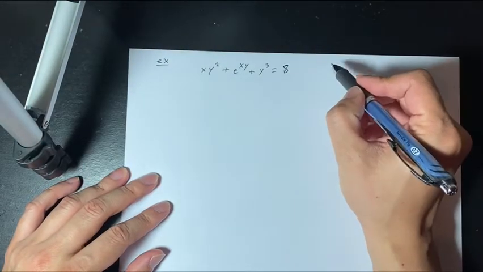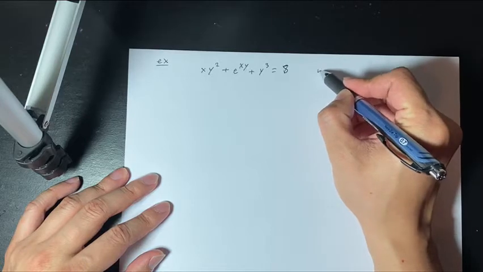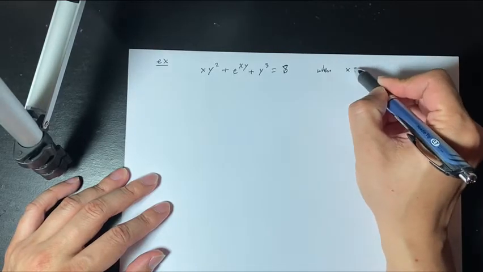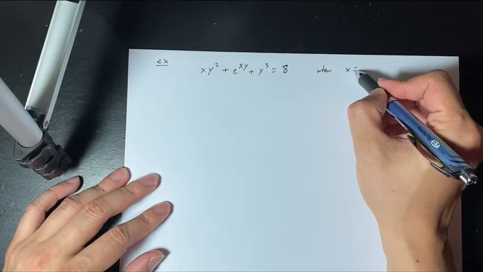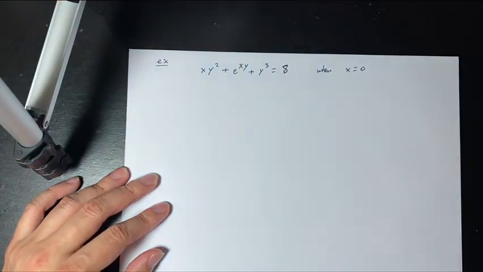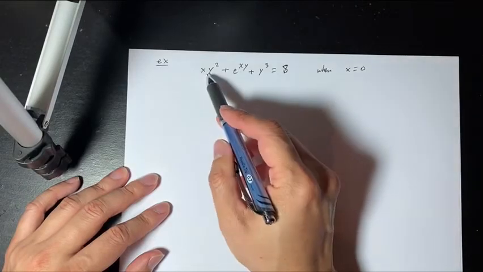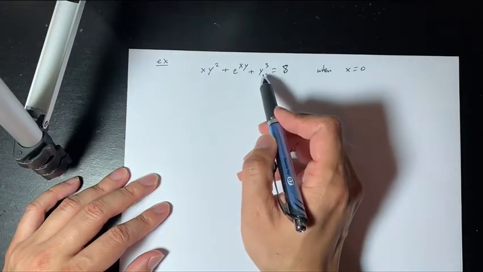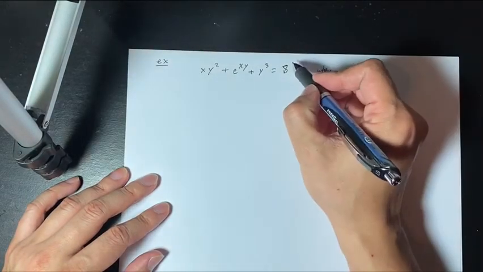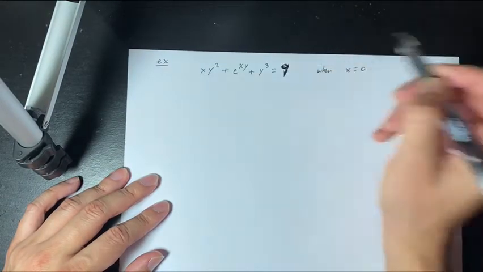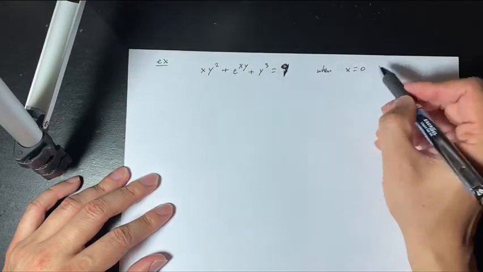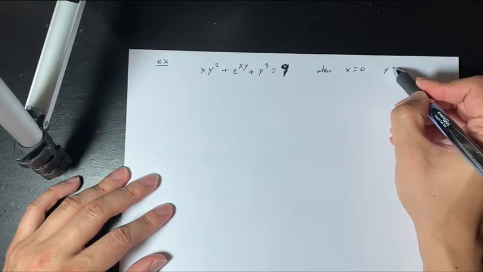Okay, so you'll see that when x is 0, what do we get? We get this to be 0. That's a 1. Let me make this a 9, just so that it'll come out to be a very nice number. Okay, so when x is 0, y is 2.